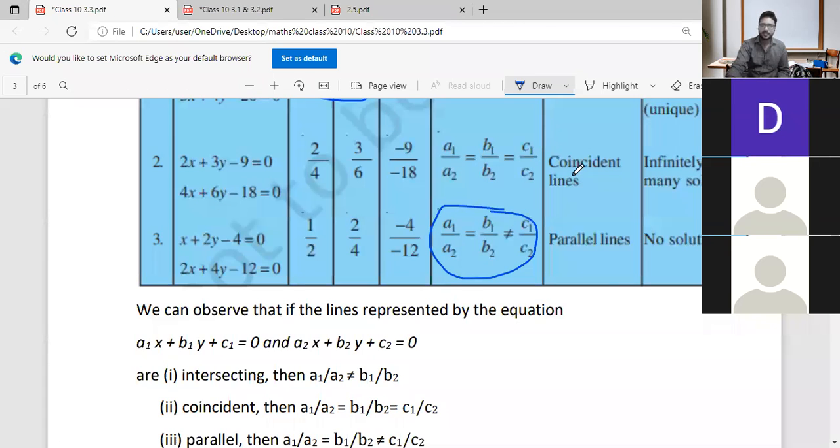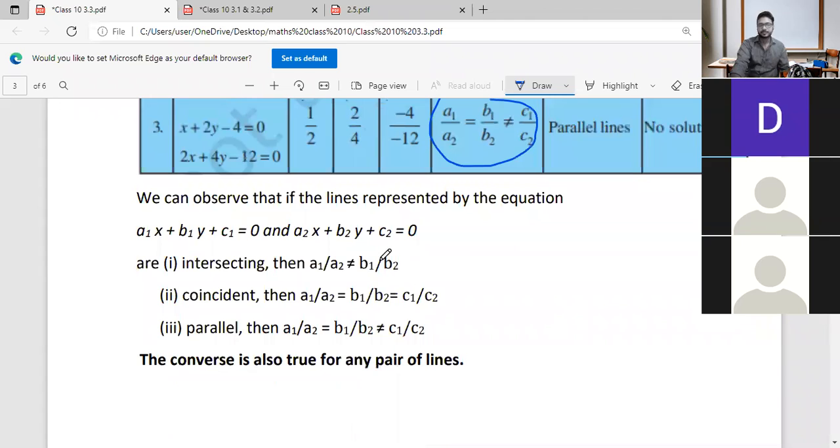Just understand what all this solving of equations means, and how it will be if we represent it graphically. We are understanding each and everything word by word. That's what we are doing here, and you can understand all this.